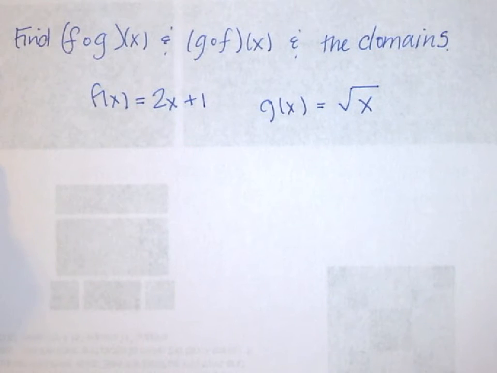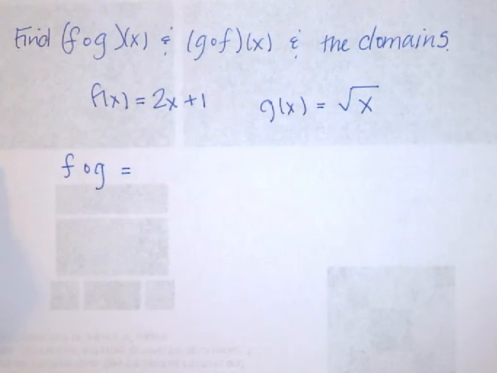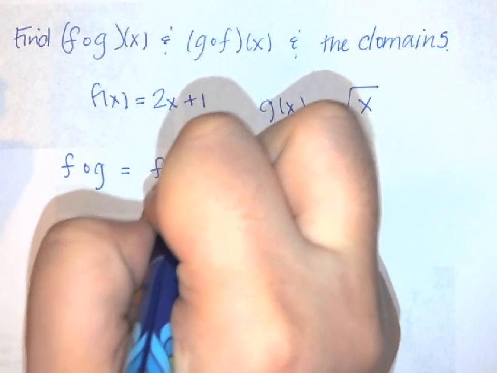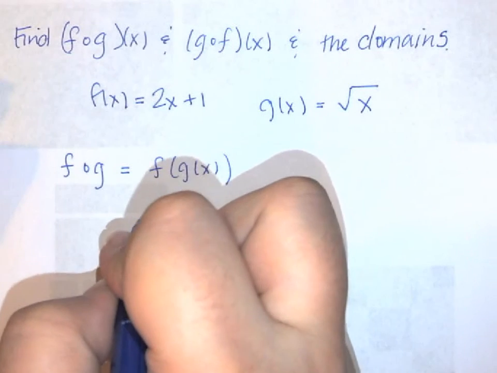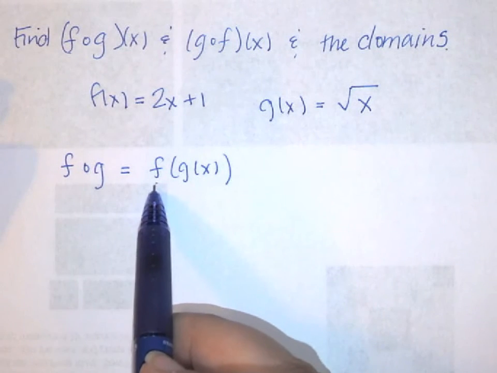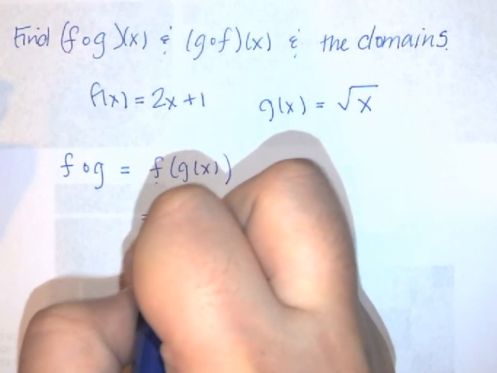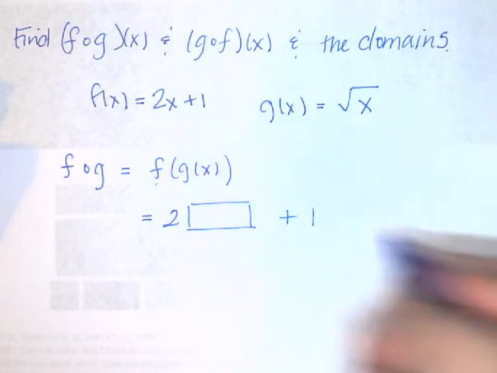So first thing I want to do is I want to go ahead and do f of g. So f of g says that f is the outermost function and g is the inside. In other words, I have f of g of x, which means I am inputting g into my function. So my function of f was 2x plus 1, so this becomes 2 with a space plus 1.